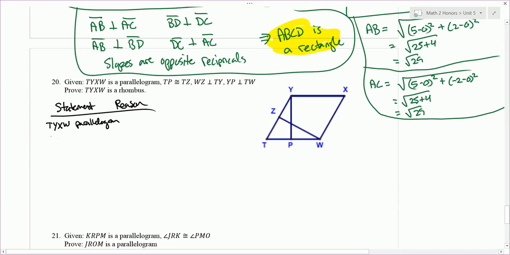And TP congruent to TZ. WZ is perpendicular to TY. These should all have segments above them.